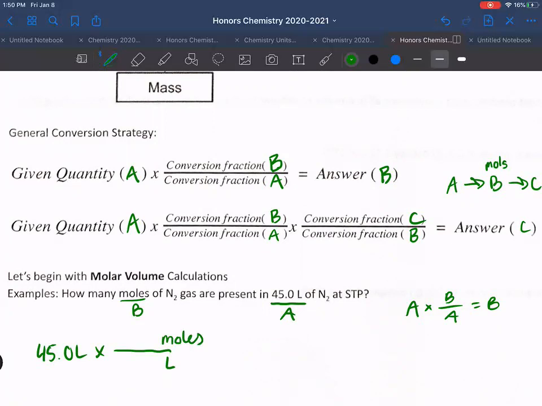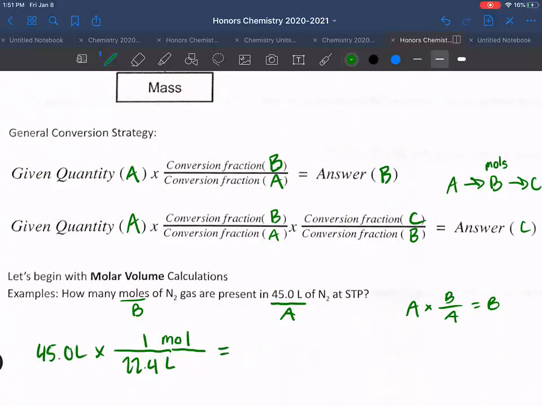What's our conversion between moles and liters? 22.4. Gonna know these real well. Oh, 1 mole, that doesn't make sense. Okay.